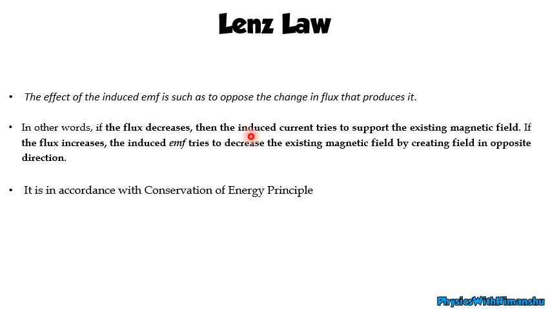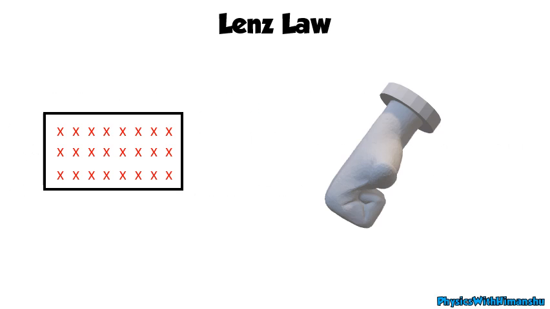We'll learn how to use Lenz's law, because that learning part is more important than the definition part. Okay, so let's come to the learning part. In this figure, in this coil, suppose the magnetic field is t squared. Then flux basically depends on the magnetic field, and the magnetic field depends on time.